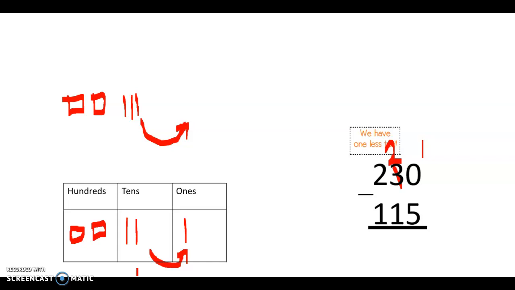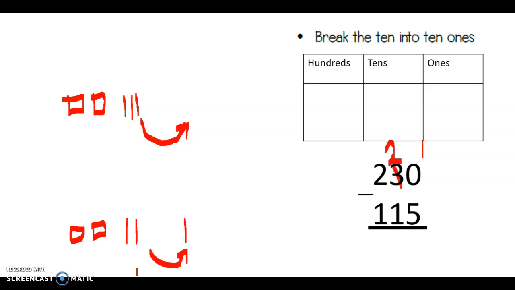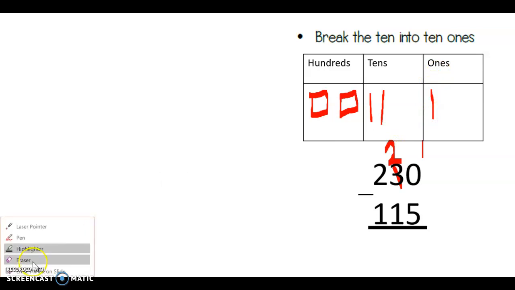Okay, we have 1 less 10 because we moved a 10 over to our ones place. Well, now we've got to break that 10 into 10 ones. Right, so I still have those 200s. I've got my 2 tens left. And now remember, I moved a 10 over here to my ones place, but I can't have a 10 in the ones place.